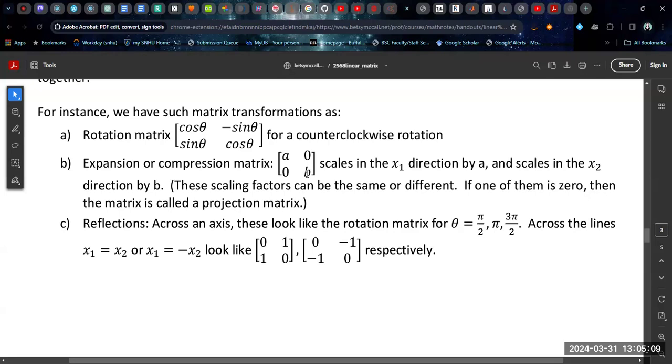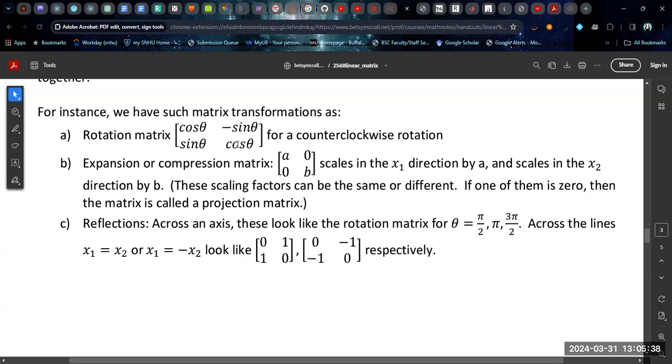If one of them is 0, then this is called a projection matrix, because it reduces the non-zero component of the resulting vector from what it was before to at least one dimension less. And this is true for matrices as large as you'd like. Just on the diagonal entry, that is your scaling factor.